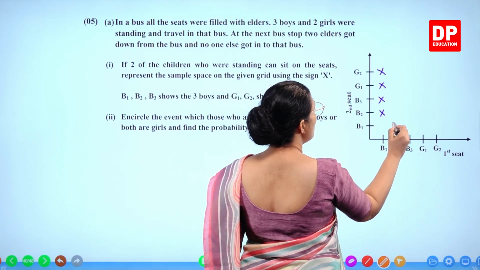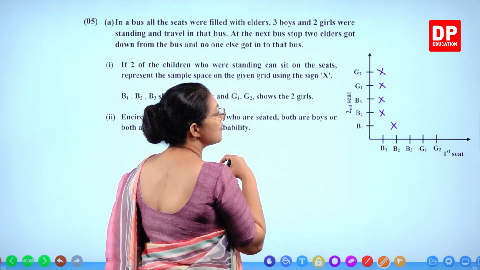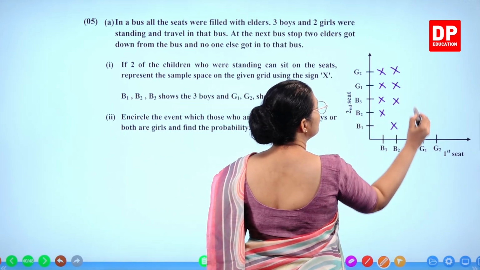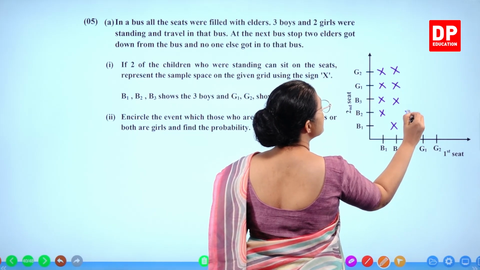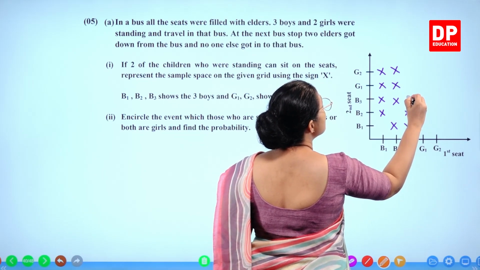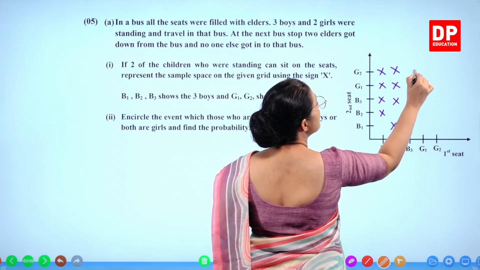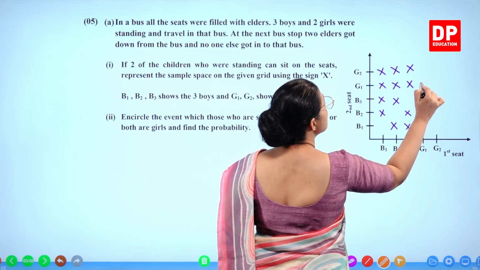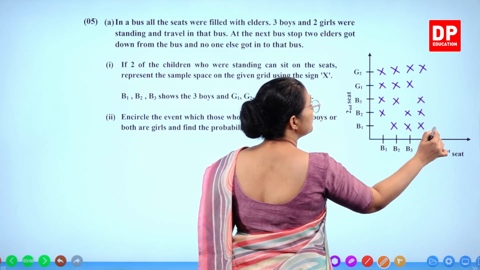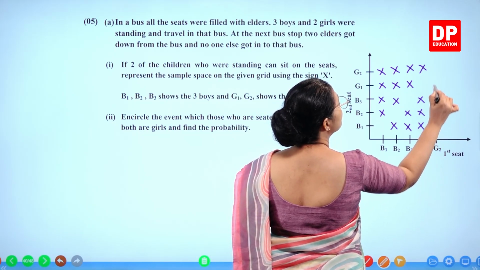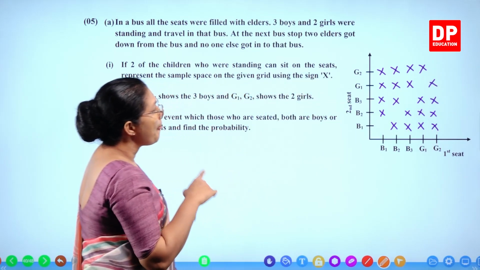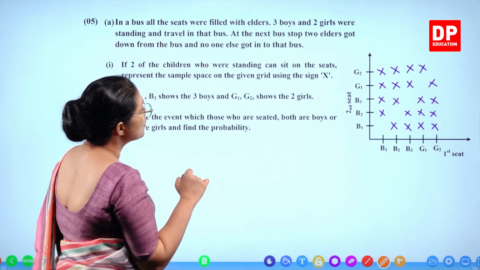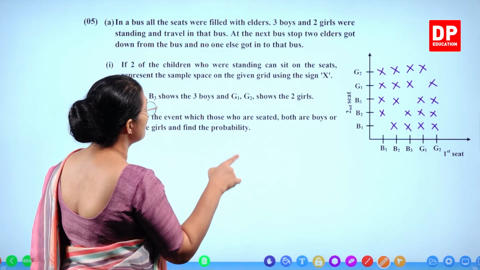Then B2, if he takes the first one, then can't take the next one. So likewise, you can see this is a dependent case. So the same person can't sit in 2 places. So this should be the diagram. So sample space, and that's marked.